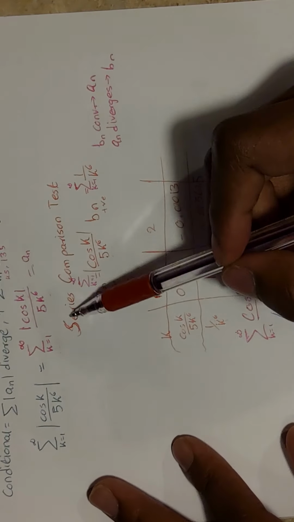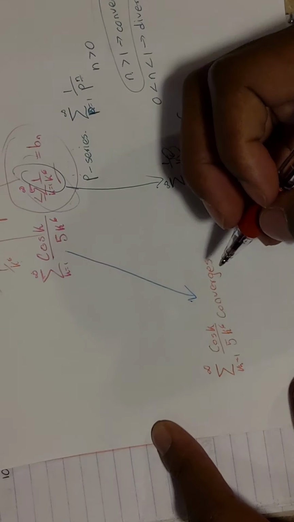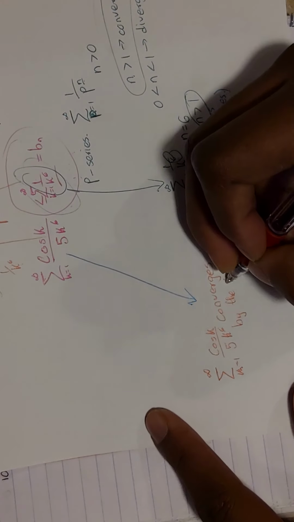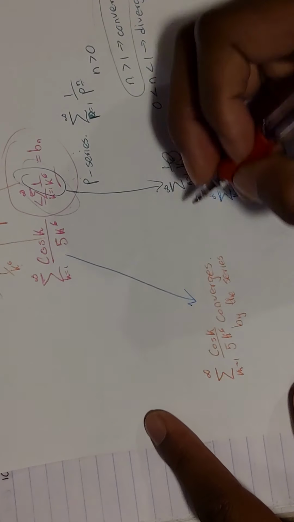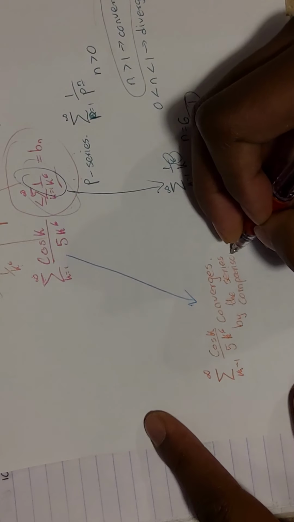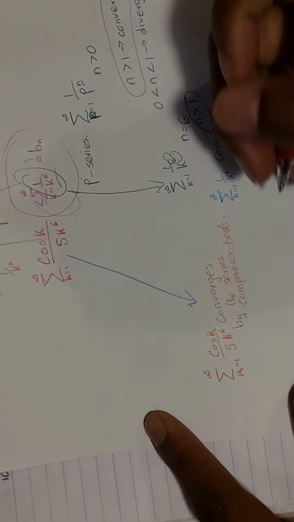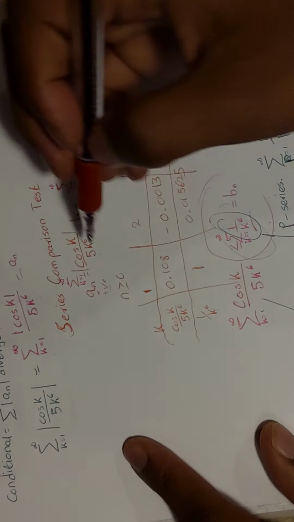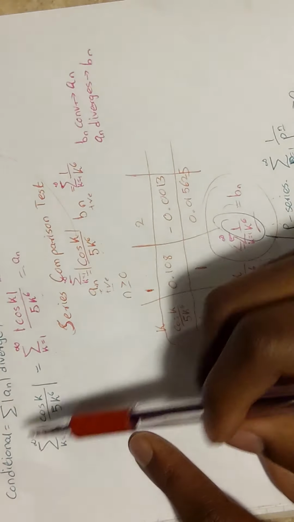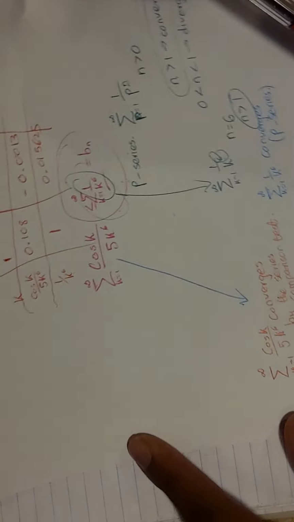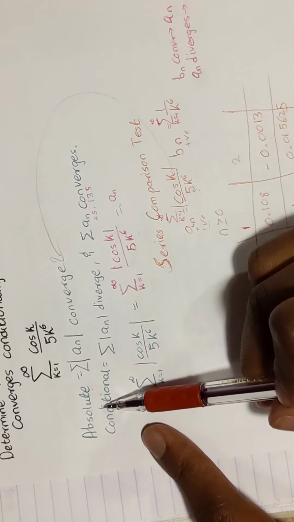And for this, we had to use the series comparison test. And since remember there's an absolute value, then we head back to the top. The absolute value of a sub n converges as well. And it's absolutely, sorry, I forgot to mention that.